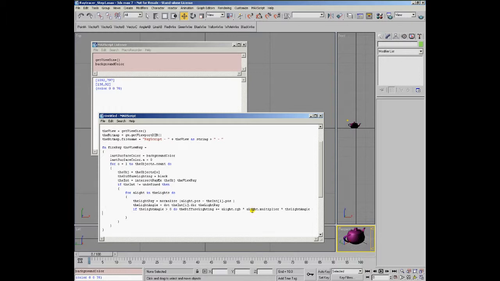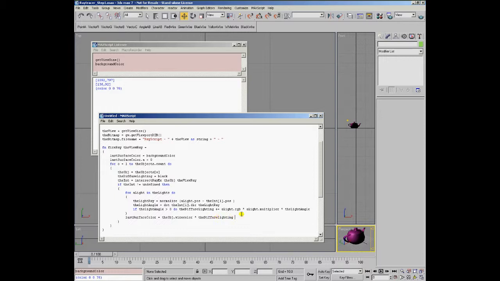Once we have calculated the light based on the light angle for all the lights that we collected and accumulated in the diffuse lighting variable, we can assign to the last surface color the result of the multiplication of the object's wireframe color and the diffuse lighting.